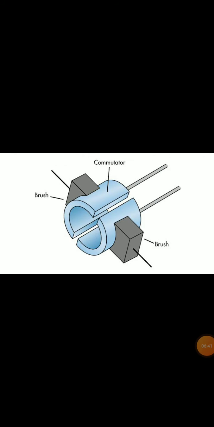In this figure, you can clearly understand what a split ring is. Commutator, which is written, that is a split ring. Commutator and split ring are both the same, okay? When we study further, you will understand it. But this is the figure of the split ring. You can see it is a ring, but two halves are there, okay?